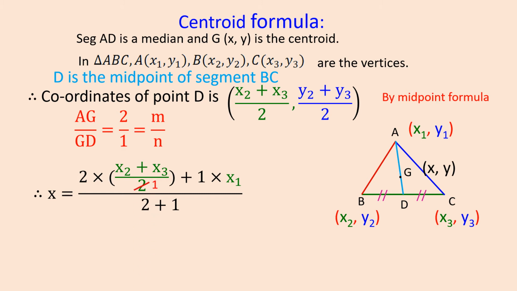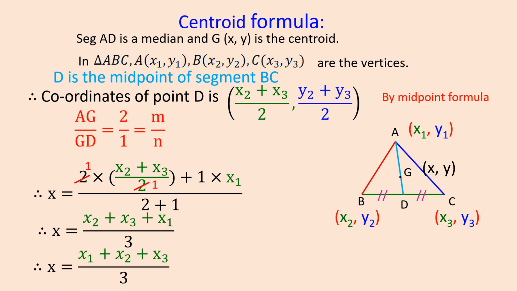When we simplify further, the 2 in the denominator of the fraction gets cancelled with the 2 in the numerator, and we get (x2 plus x3 plus x1) upon 3, which can be written as (x1 plus x2 plus x3) upon 3.